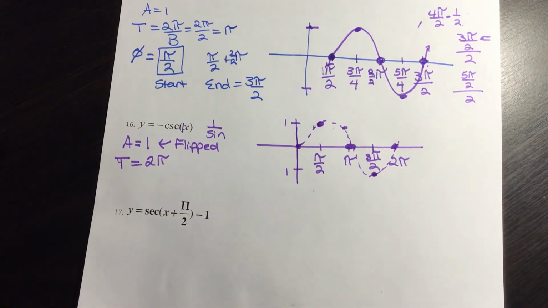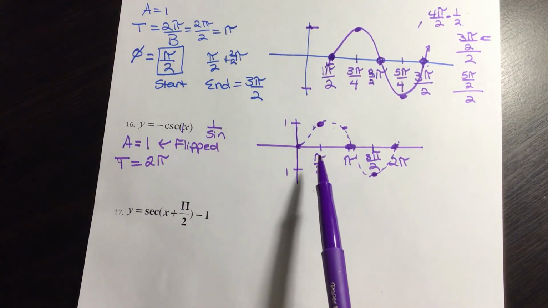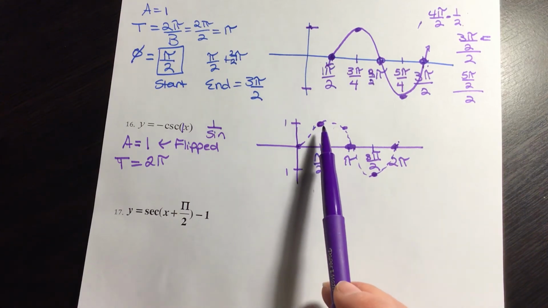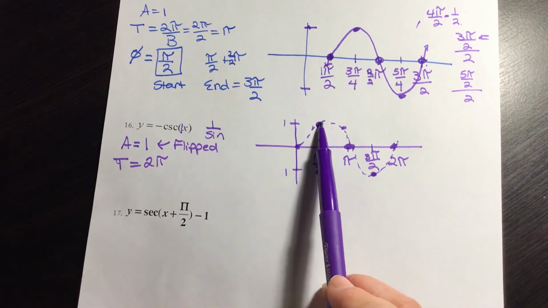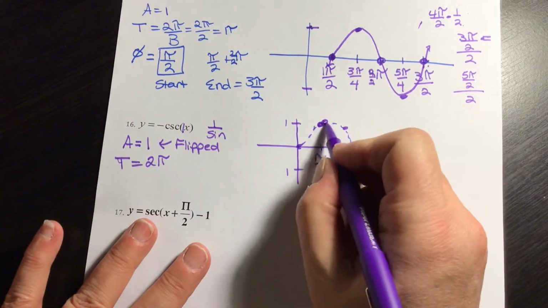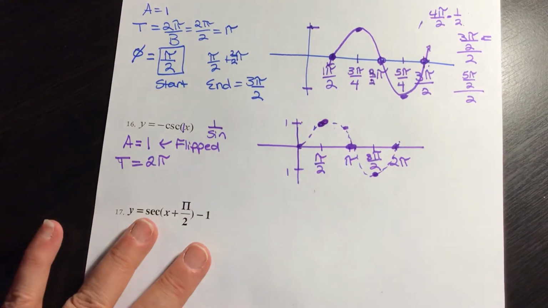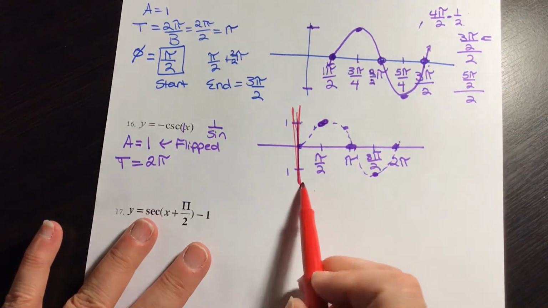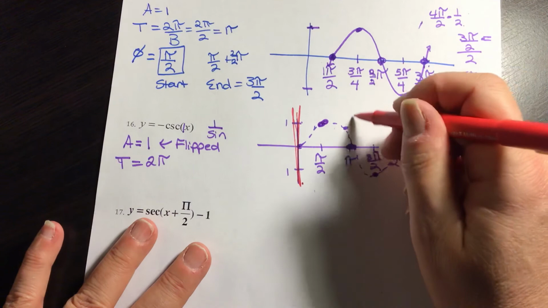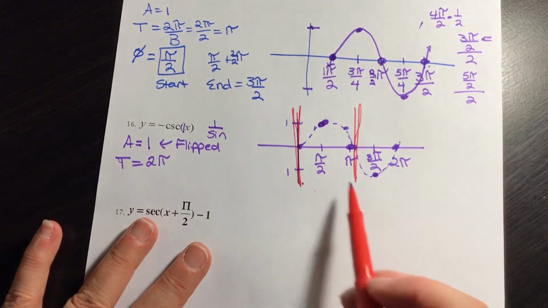Now, I got to get those asymptotes in there, and my asymptotes are not at the maximum or minimum value. So it's going to be a shift over from the maximum and minimum value. So here I'm going to have a vertical asymptote, and here I'm going to have a vertical asymptote.